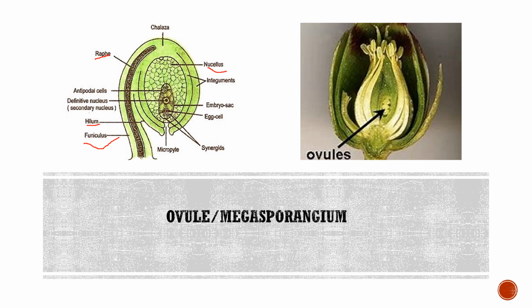The nucellus is surrounded by one or two multicellular cutinized coverings called integuments. Ovules which have only one integument are called unitegmic, while if two integuments are present, it is called bitegmic. As you can see here, this ovule consists of two integuments and hence it is called bitegmic.